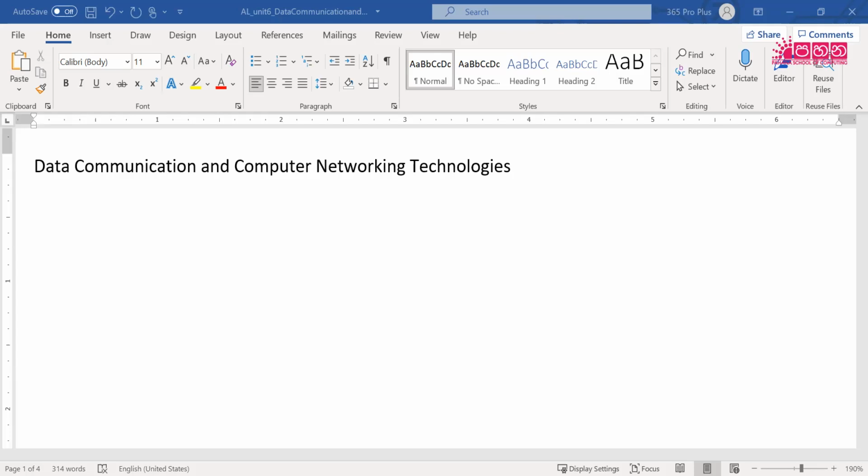and network devices such as hubs and switches, with different topologies. Then the MAC protocol, which is something new that we are going to look at. We can uniquely identify any device in the network using a MAC address, right?